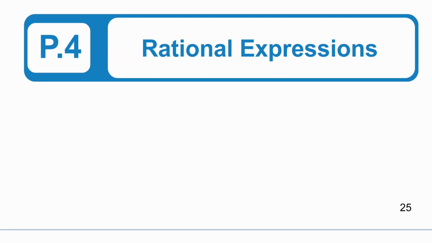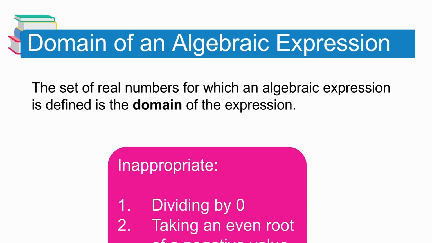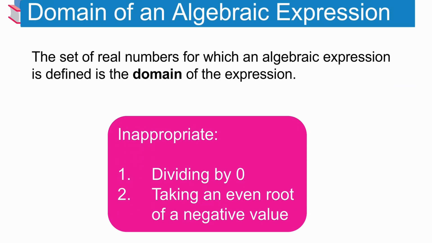And that is our polynomial section. Our next section uses polynomials, though, because it's rational expressions. And for rational expressions, the first thing we're going to talk about is the domain.